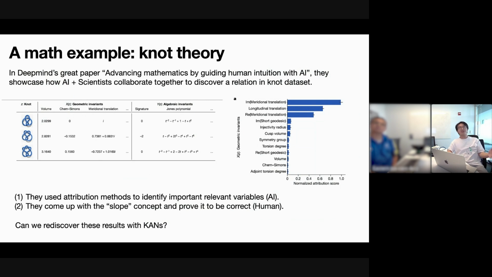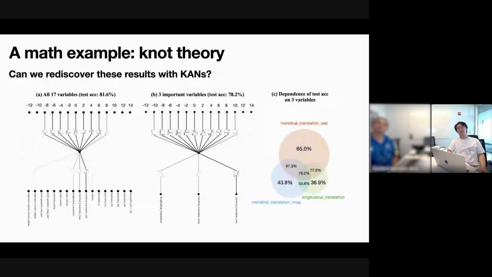So we asked the question: this actually sounds a lot of painstaking. Actually, the role of AI is quite minor in this project. Can we automate as much as possible? And can we even discover something beyond this paper's results? The answer is yes, we can.